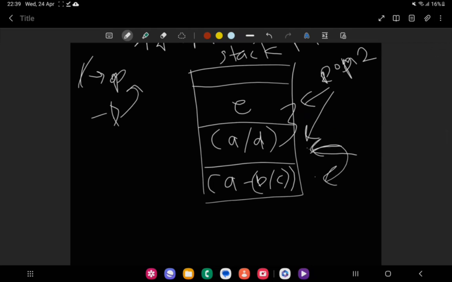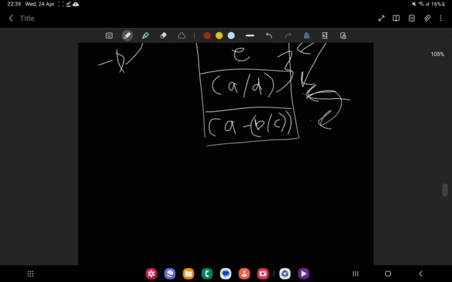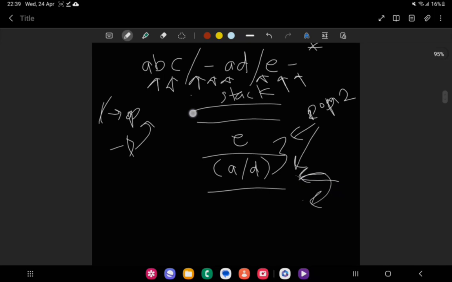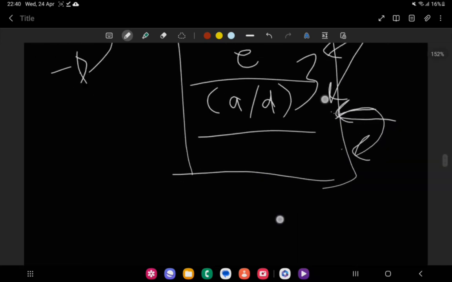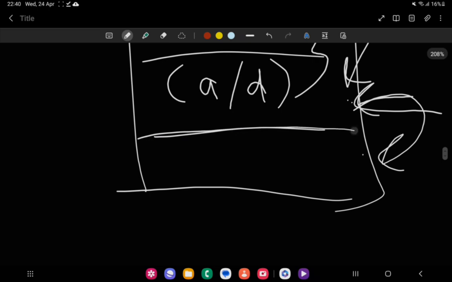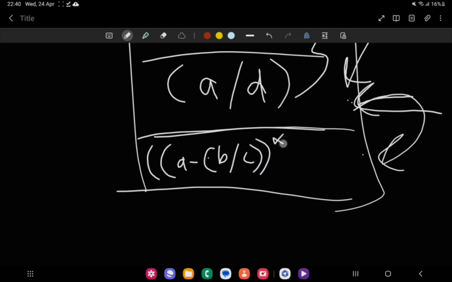We find the minus operator, which means we need to combine all of this. I will draw the stack again because it is small. So we read it like this: open A minus open B slash C close, we multiply with open A slash D minus E close, right?